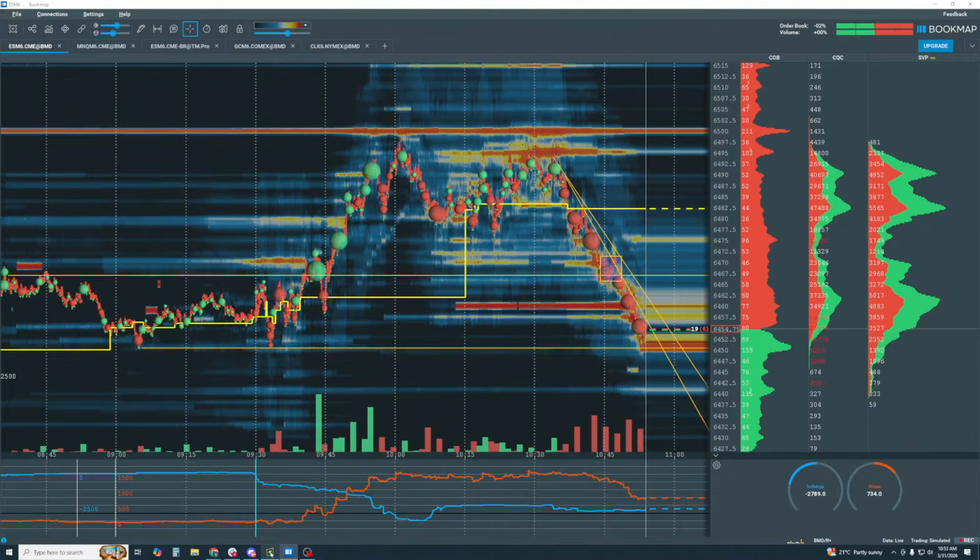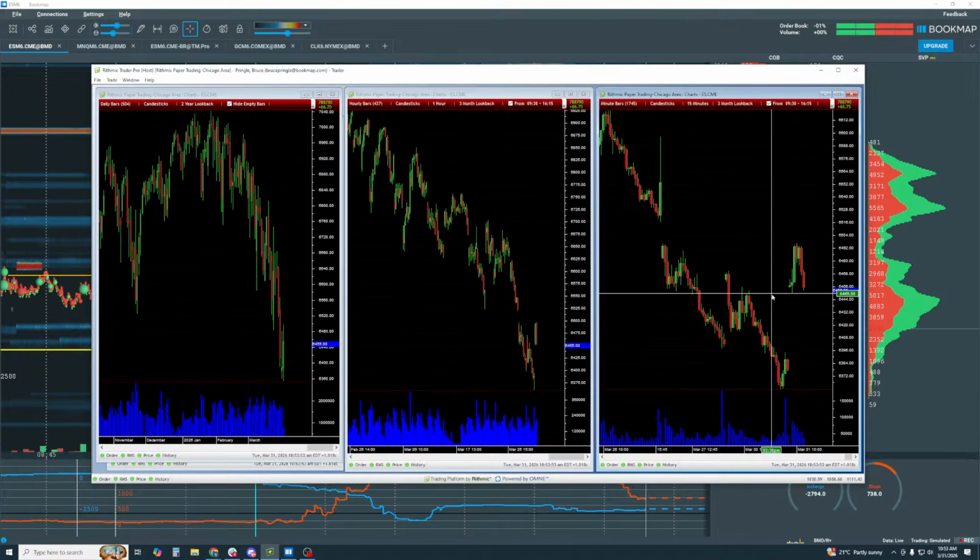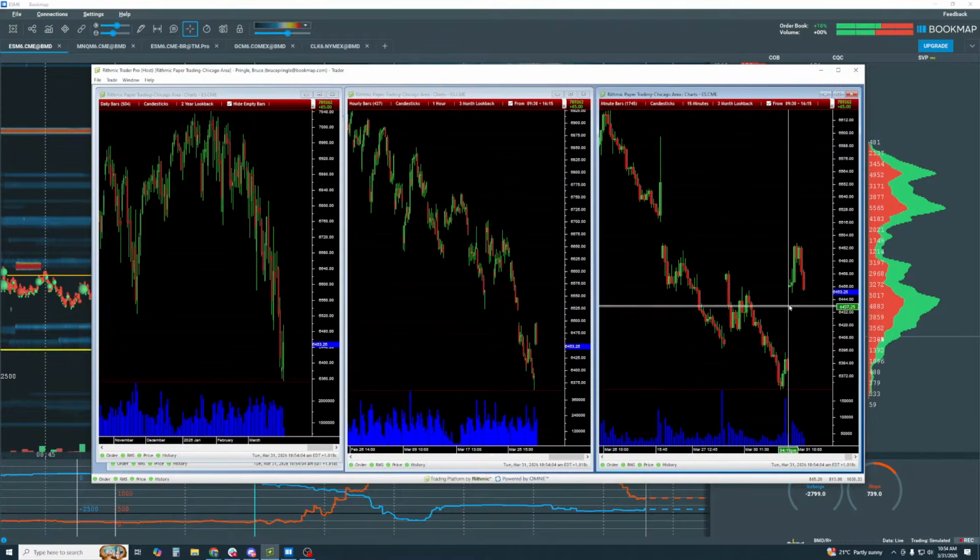All right, let's take a step back here. Okay, so retesting back down to the swing low from the cash session. Potentially filling this gap in here.